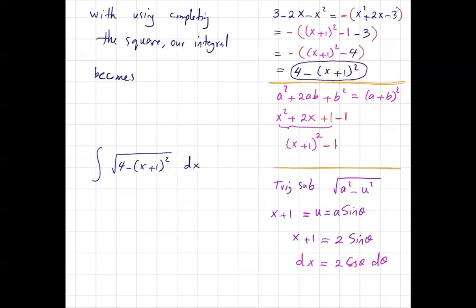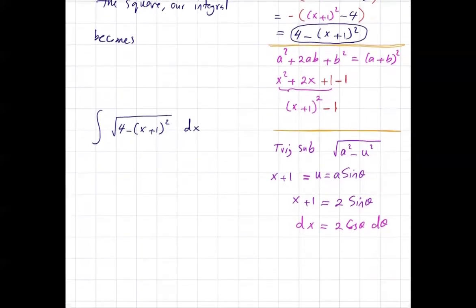Now substitute everything in the integral, and simplify as much as you can. So this integral is equal to the integral of square root of 4 minus 2 sine theta to the second power, times dx, but my dx is equal to 2 cosine theta d theta.